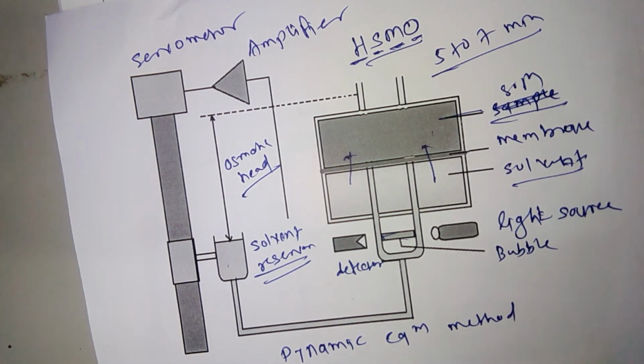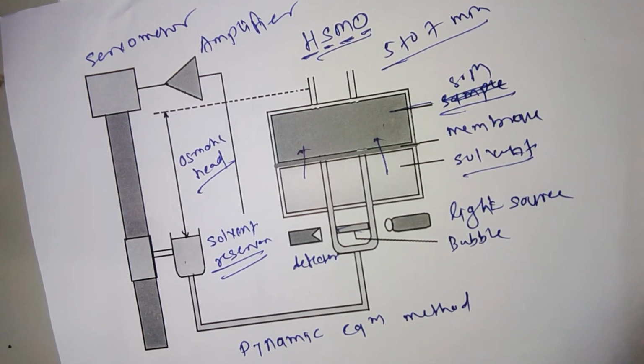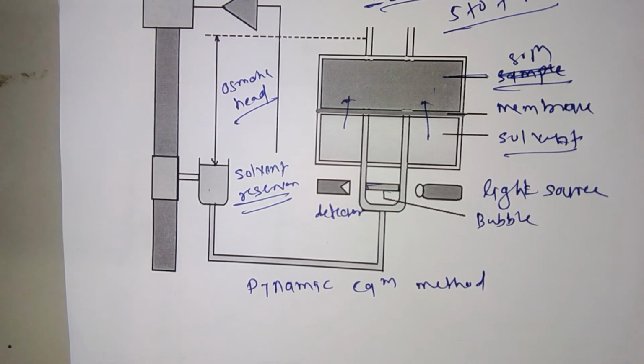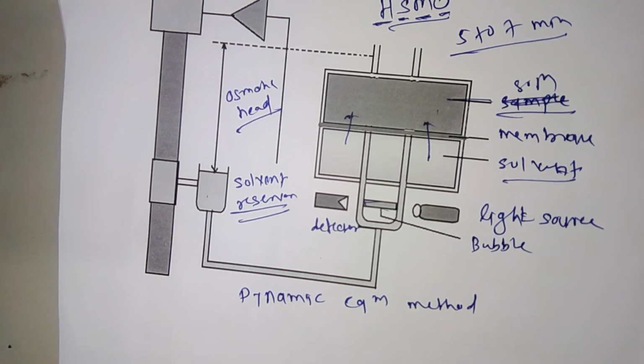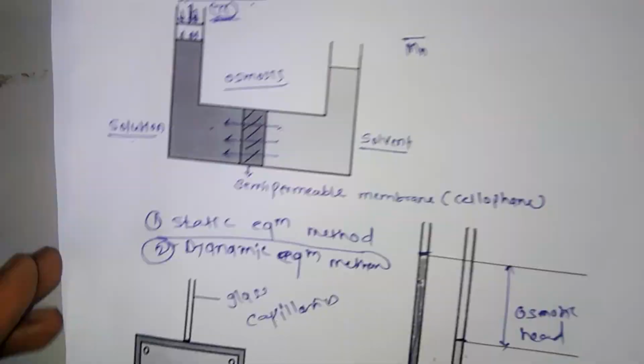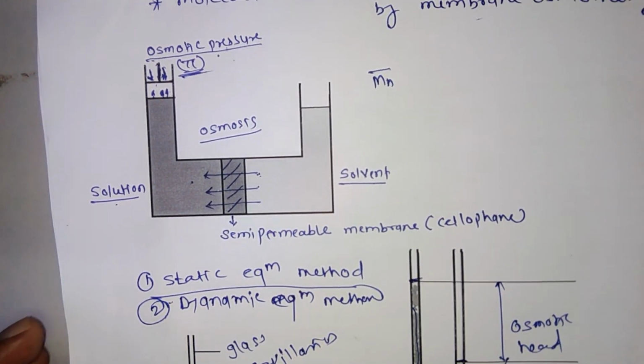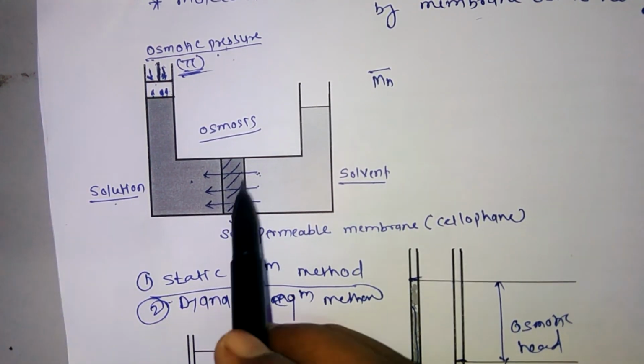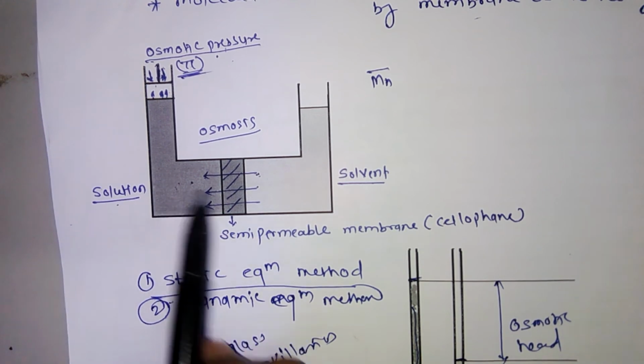So in this way we can determine the molecular weight of polymers by the osmotic pressure. We can repeat again: what is the basic principle of this osmosis? See, there are two compartments: the solution compartment and the solvent compartment.